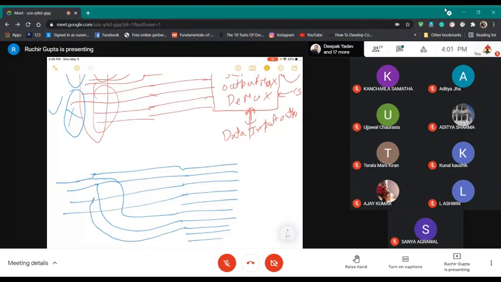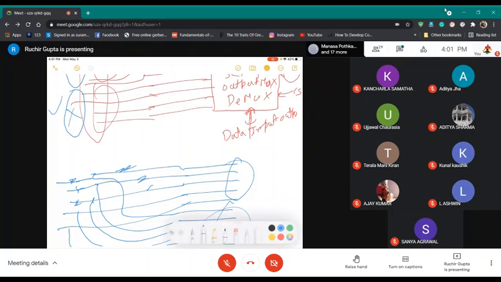This line and this line will be coming on the same line, and this line and this line will be coming on the same line. So in a way, when you want to use this portion, this line will go for this, this line will go for this, and likewise. When you are using this portion, this line will go for this, this line will go for this, and likewise.